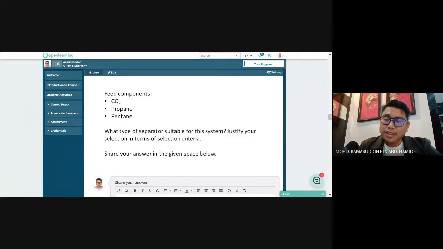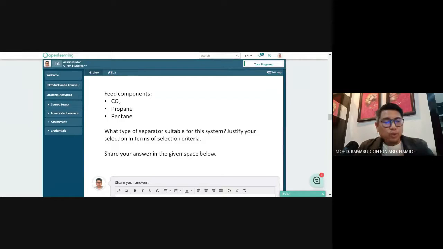Tetapi dalam case ini CO2 takkan dalam bentuk fasa liquid. Never. It will never be at the liquid phase. Then reboil absorber can be rejected. Sebab there is no purpose for you to reboil. Okay, reboiler tu tak guna pun. Alright.